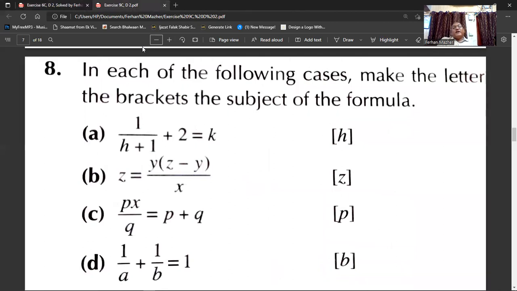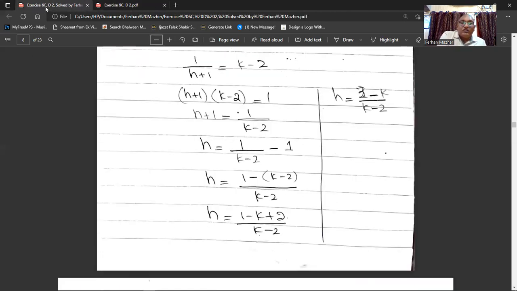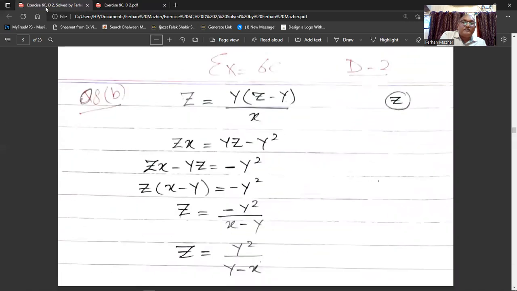Okay, so question number 8 is B part. He says z is equals to y bracket z minus y bracket close divided by x. And we want z to be the subject of the formula. Okay. Now, here, first of all, bring this x to this side.